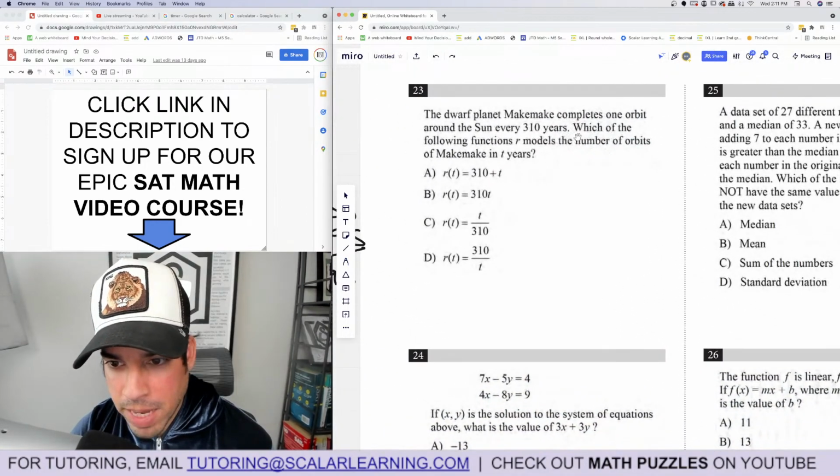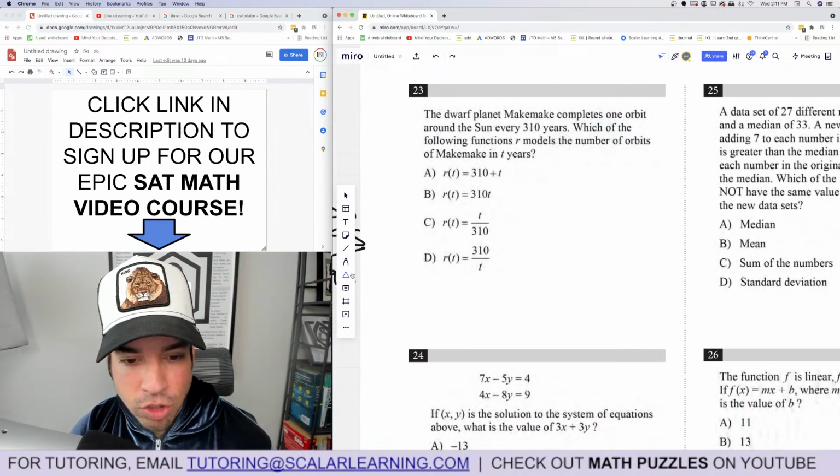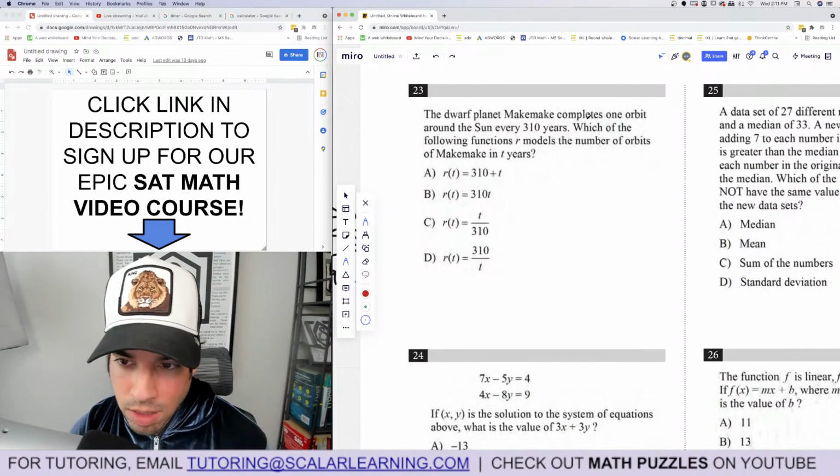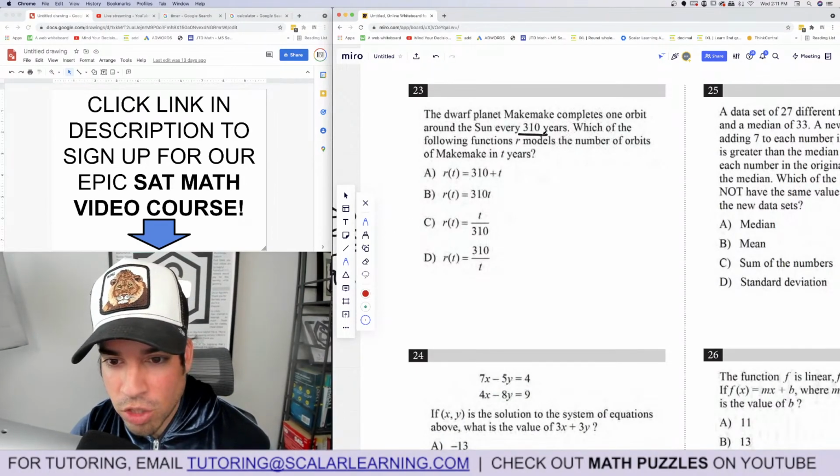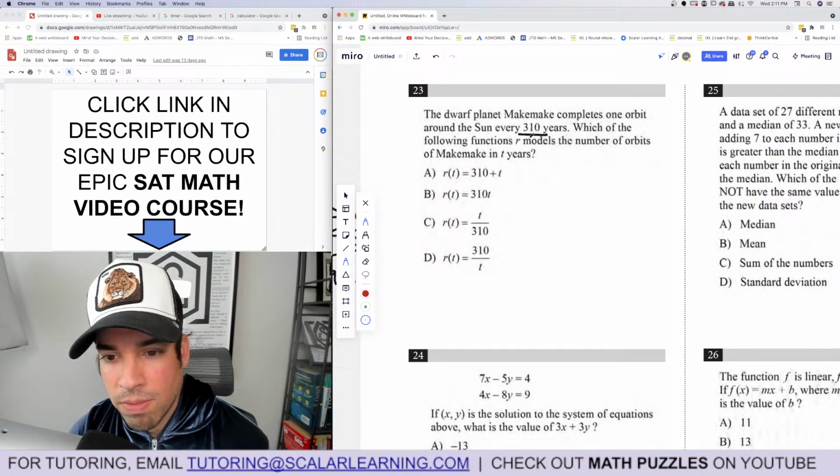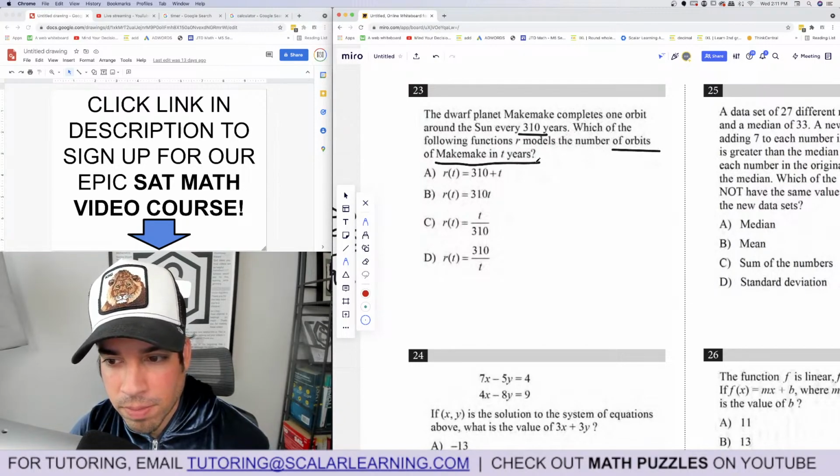23. The dwarf planet Make completes, I don't know if that's a true name, it probably is, the orbit around the sun every 310 years. Which of the following functions models the number of orbits in T years?